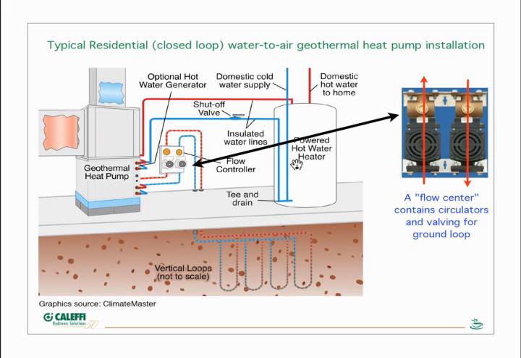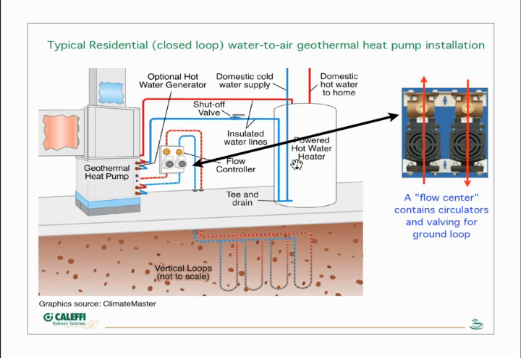Many heat pumps have an extra heat exchanger between their condenser and their compressor, and that's called a desuperheater. The desuperheater takes the hottest gas off the compressor and uses it in combination with a small circulator to preheat domestic water. And this is especially valuable in the cooling mode.